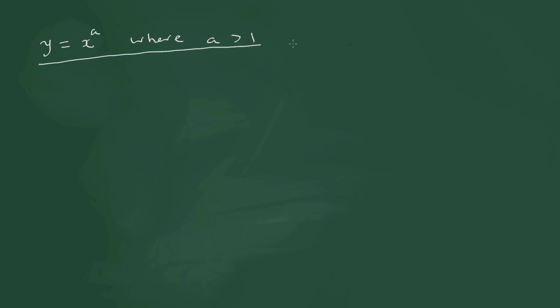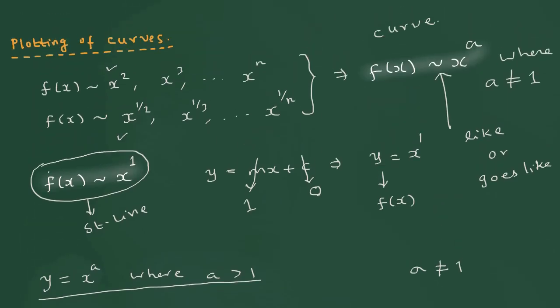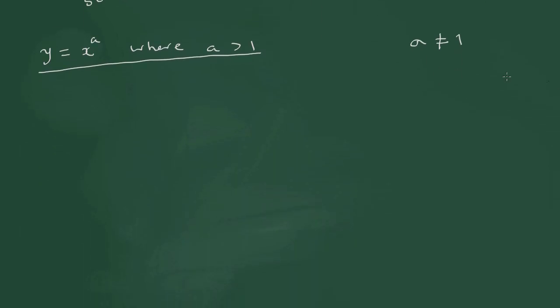In fact, you can ask why a is greater than 1. A not equal to 1 is the condition for a curve. You have seen here, a is not equal to 1. So if a is not equal to 1, you get the question what it is. It can be greater than 1, it can be less than 1. So you have two options. Therefore, a not equal to 1 is the condition for a curve. So a can be greater than 1 or a can be less than 1.